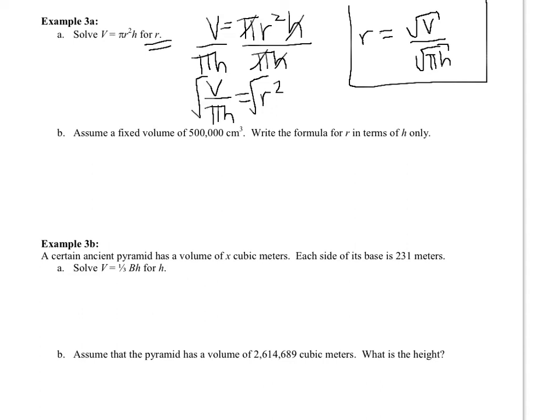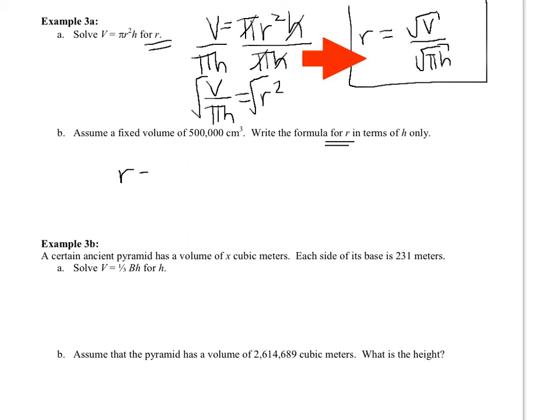Okay, part B, assume a fixed volume of 500,000 cubic centimeters. Write the formula for r in terms of h only. So now we're going to use that formula we just did, but we're going to add that 500,000 in there because we're still solving for r, but we have a volume now.